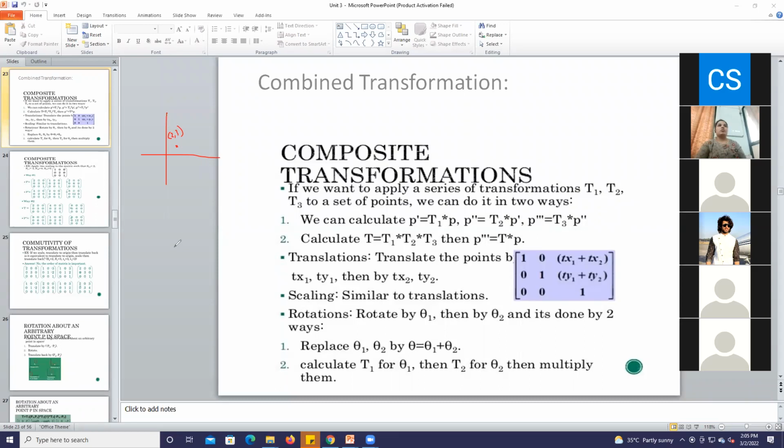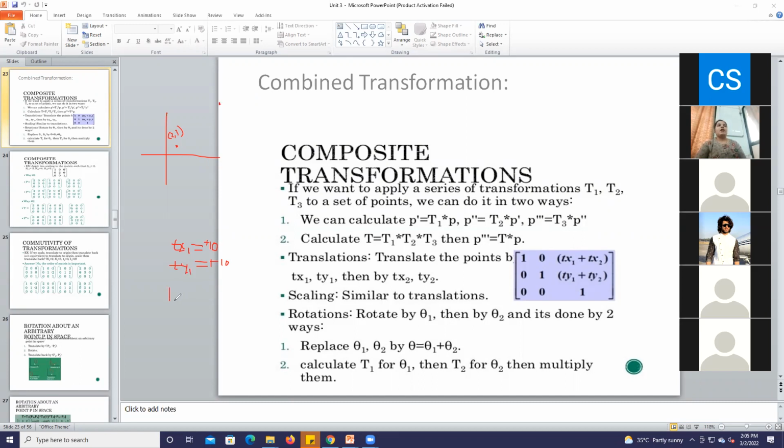So here tx1 is 10 units to the right, म्हणजे positive 10, and 10 units up. Suppose ty1 is 10 units upwards. मग काय होईल, तो 10 units right and 10 units up म्हणजे somewhere here येईल.